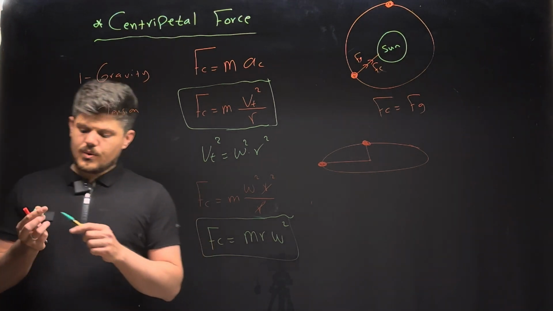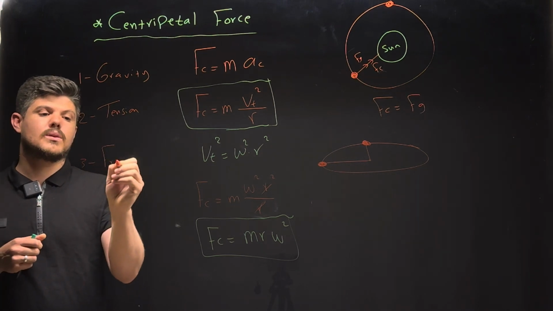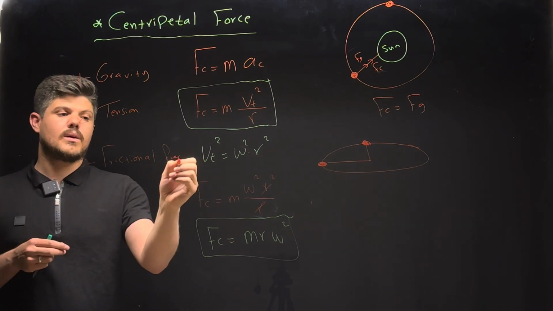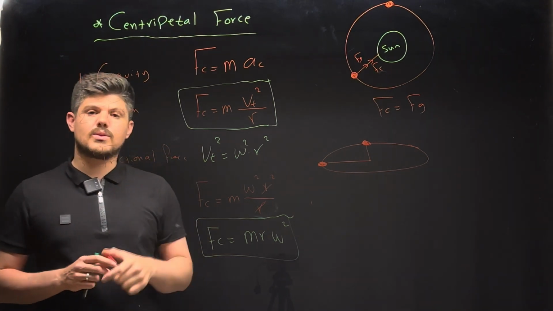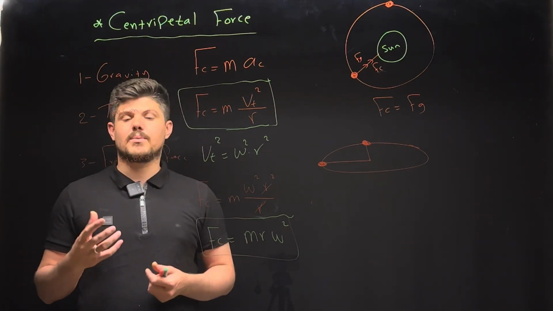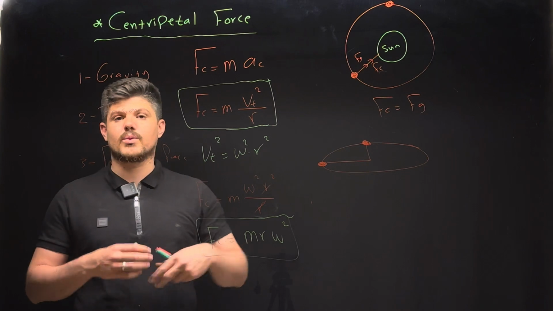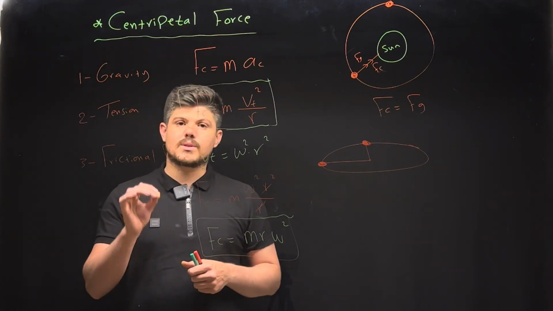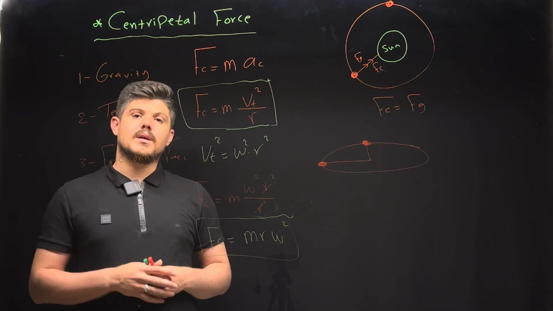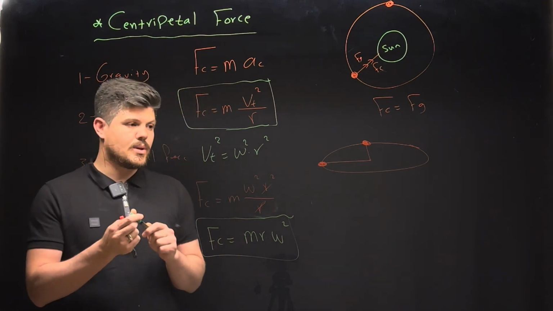Another source of the centripetal force is frictional force. The frictional force is another source of the centripetal force that keeps an object in a circular path. For example, when a car or a motorcycle or a bike is moving in a circular path in a racetrack, the force that keeps the car moving in a circular path is the static frictional force.